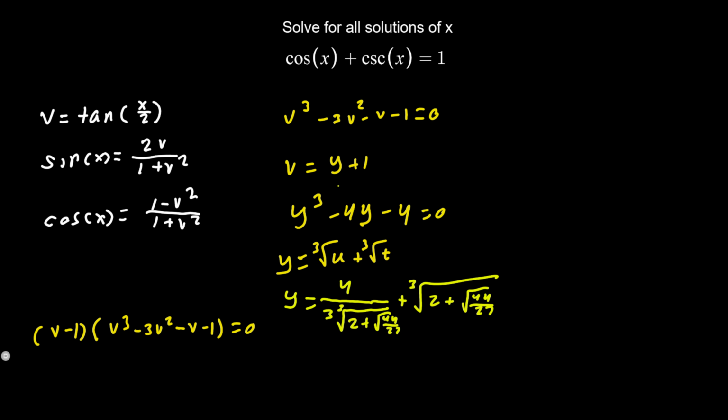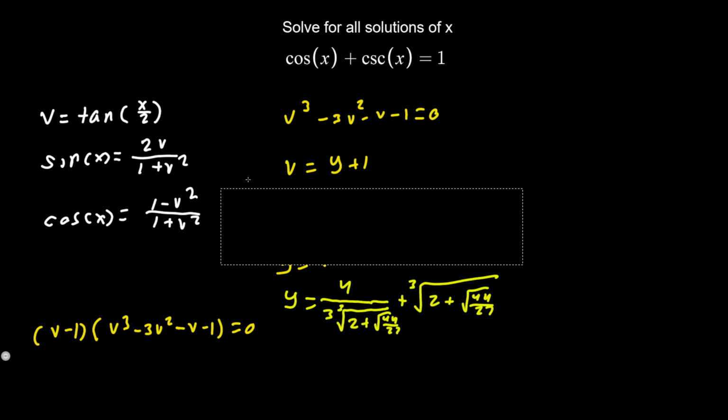And since we're going to find v, we're just going to add 1. So v is equal to the cube root of 2 plus root 44 over 27 plus the cube root of 2 minus the square root of 44 over 27 plus 1.